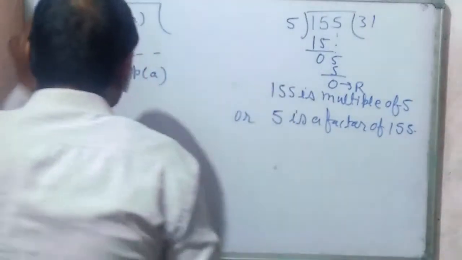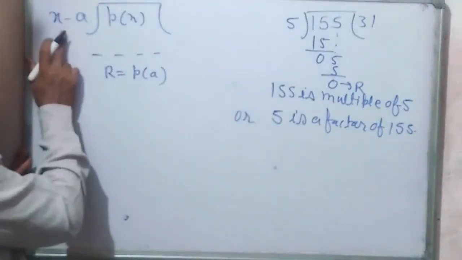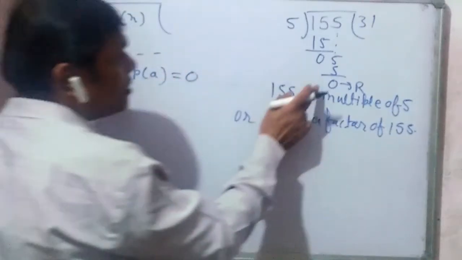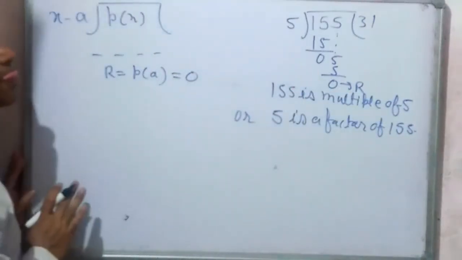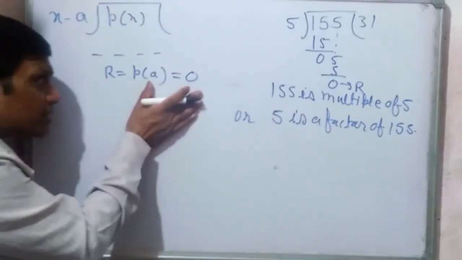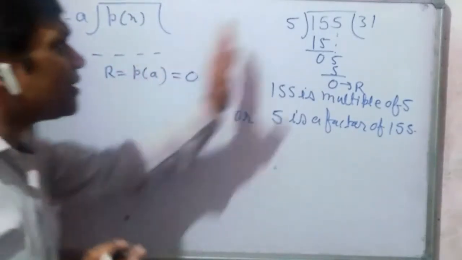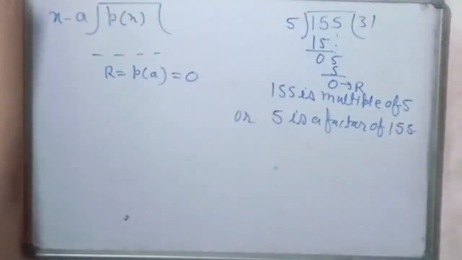This x minus a will be a factor if this remainder is 0. If the remainder is 0, then this divisor will be a factor. Correlate it with the numbers. Is that clear?